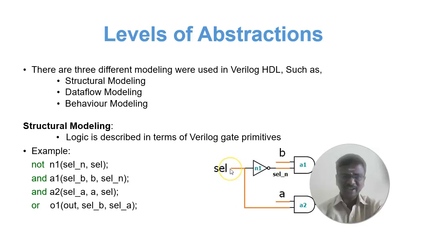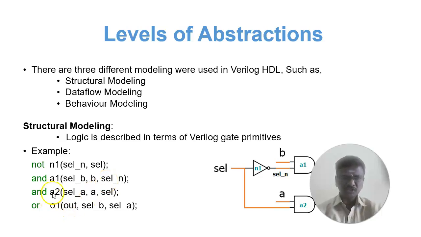The input is the select line and the output is select n, so we represent the output comma input. This is the way to represent this structure. Then we are having two AND gates, A1 and A2. For A1 we want to represent what the output is and what inputs we are going to give.